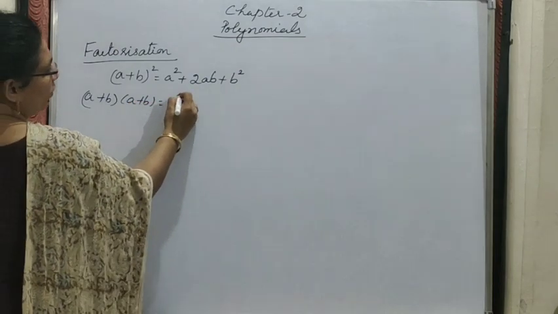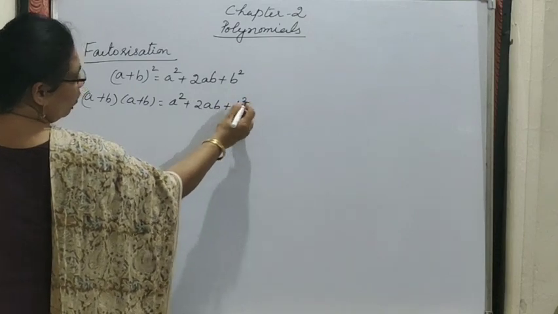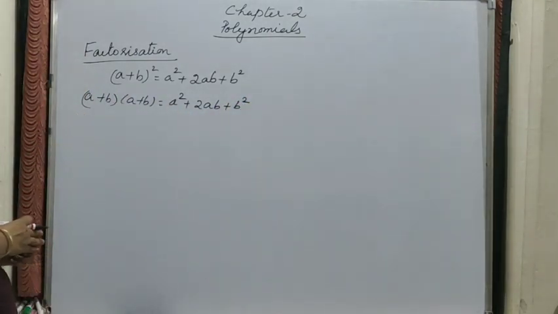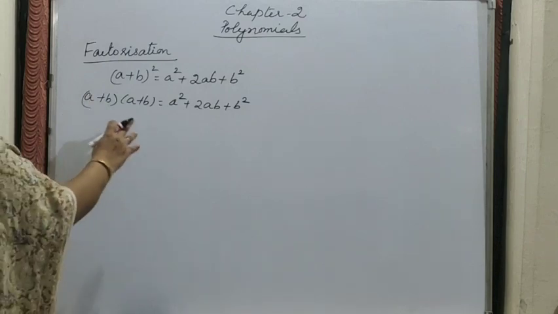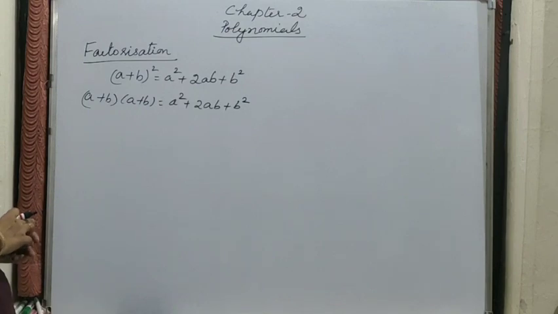So the expanded form has the factors (a + b) and (a + b). So the factors of a square plus 2ab plus b square are (a + b) into (a + b).